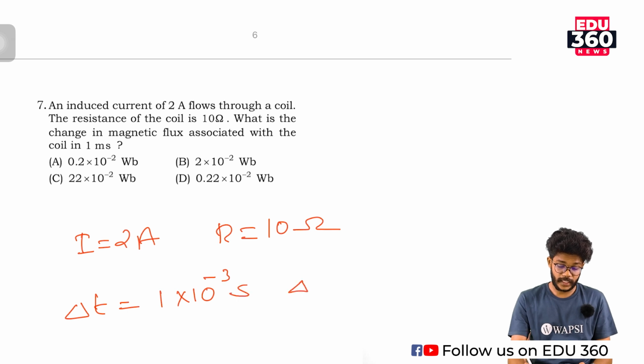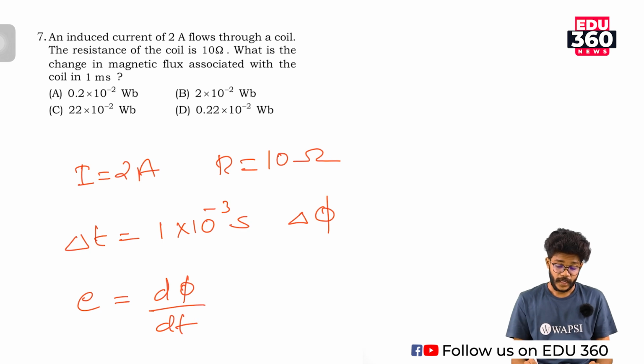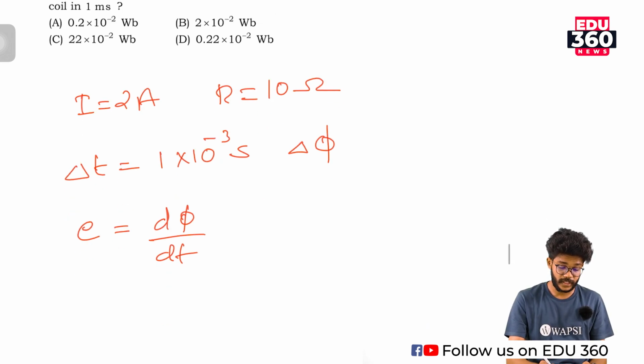We have to calculate the change in magnetic flux, so we have to calculate the change in phi. We have the equation epsilon is equal to d phi by dt. Here E is the potential, that means EMF generated. EMF is current into resistance, 2 into 10 is 20.